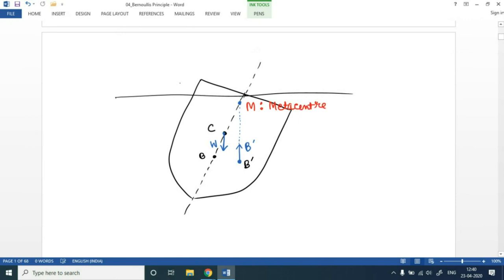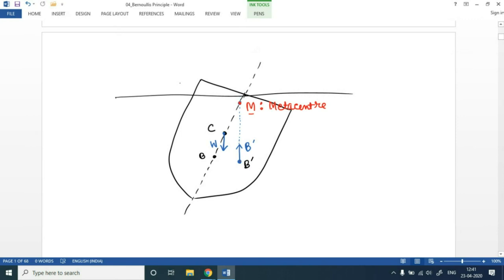Let me repeat again. What I have done is I have drawn a vertical line passing through B dash. B dash is the shifted position of the center of buoyancy, and this vertical line is going to intersect the line of symmetry someplace, let's say here. So this point is known as the metacenter of this body.